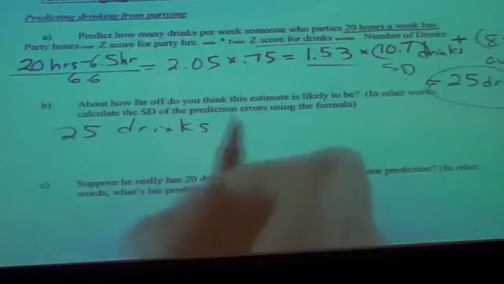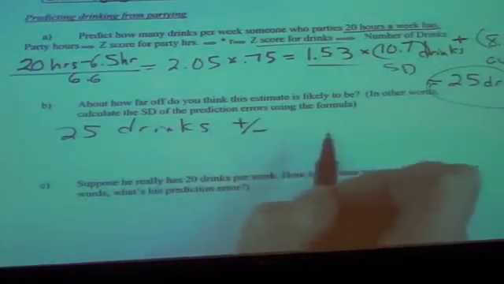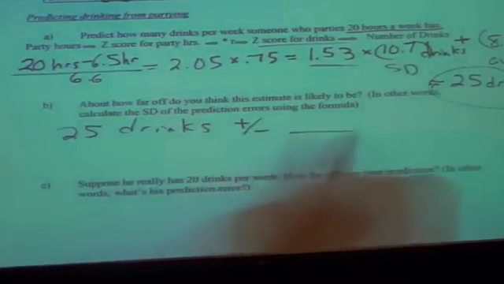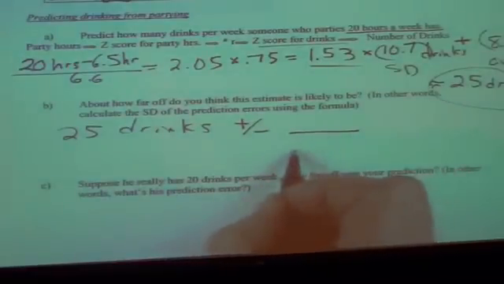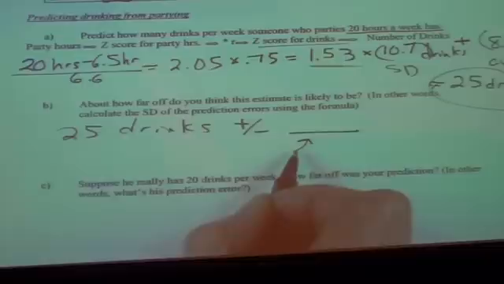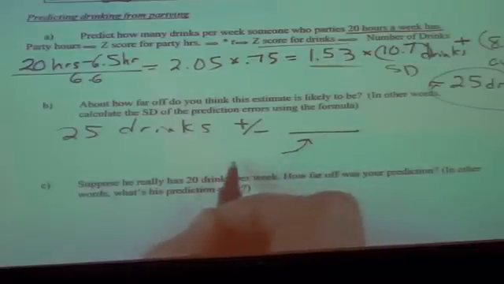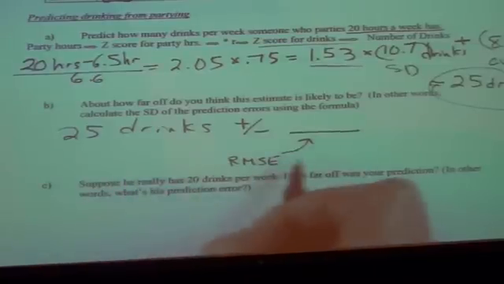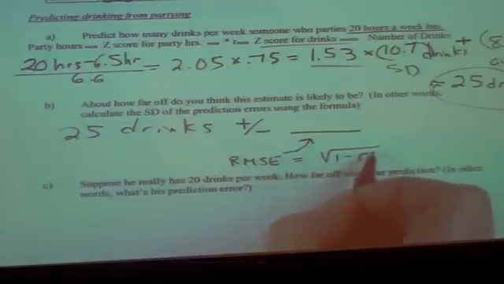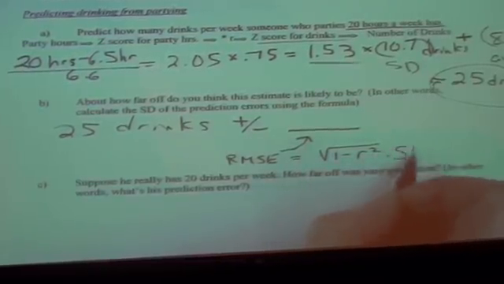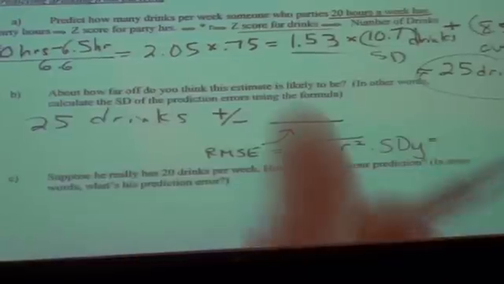I'm going to say, give or take about something or other. Put that margin of error in there. And that is your typical error. The margin of error, also known as what? The root mean square error. And what is that? The square root of 1 minus r squared times the standard deviation of y.